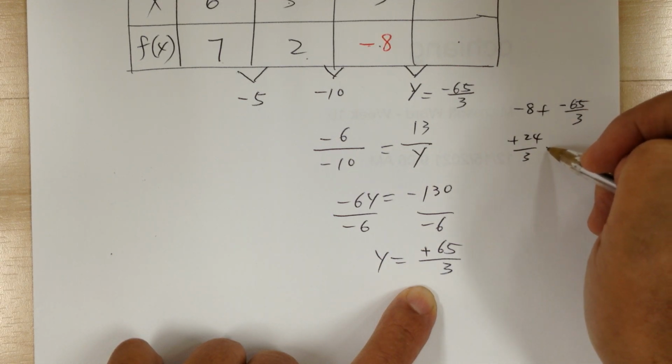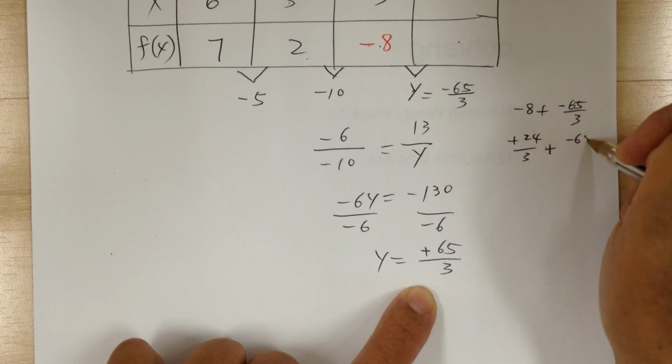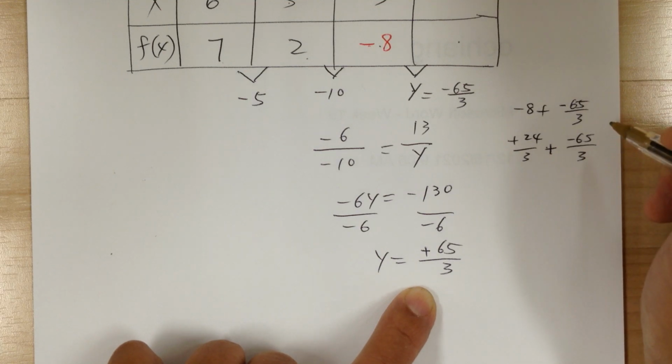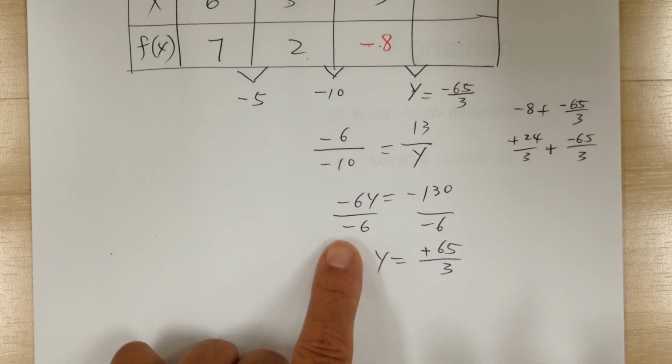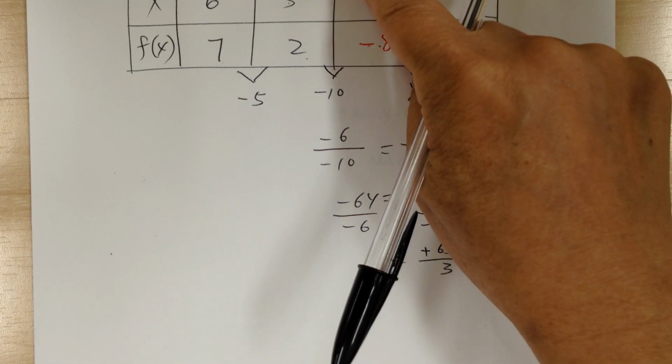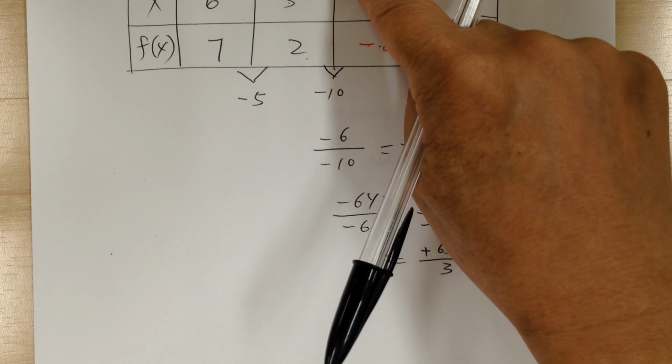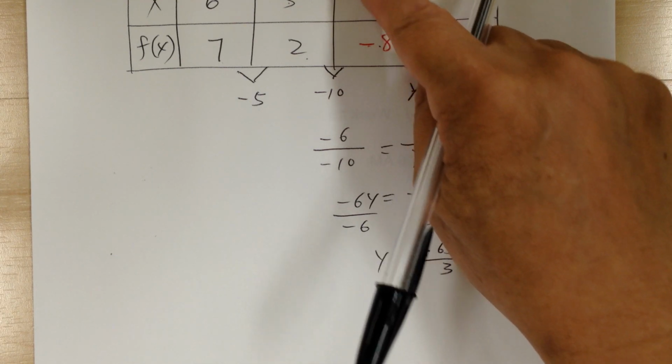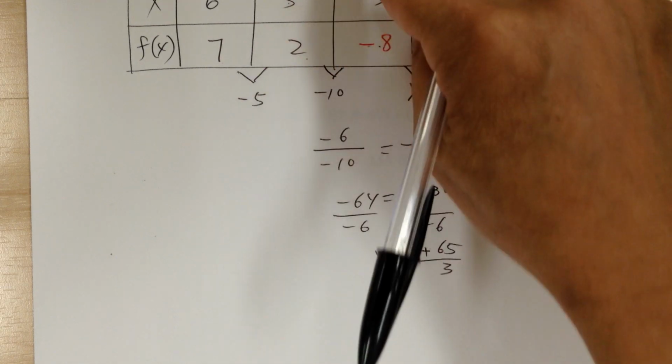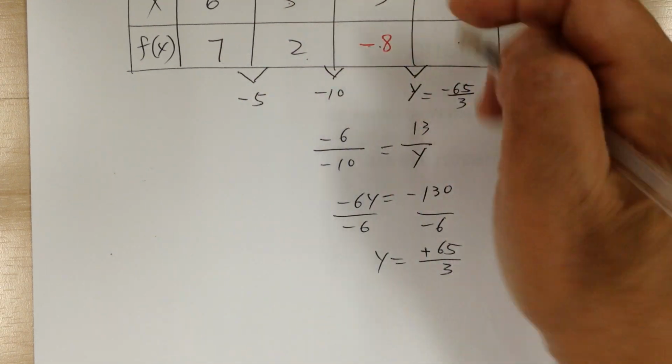Plus negative 65 over 3. Okay, double check. Okay, this would be a positive.